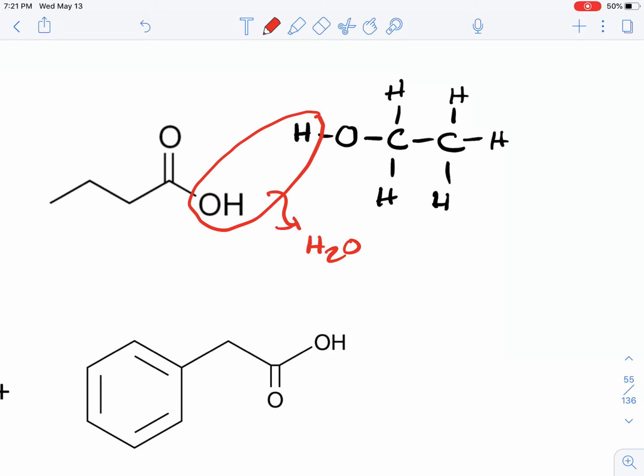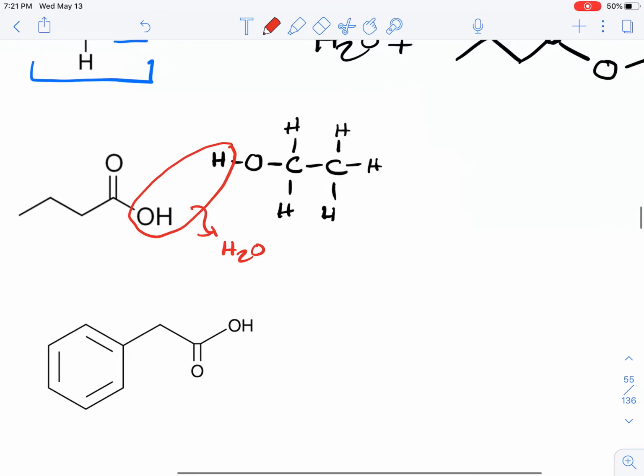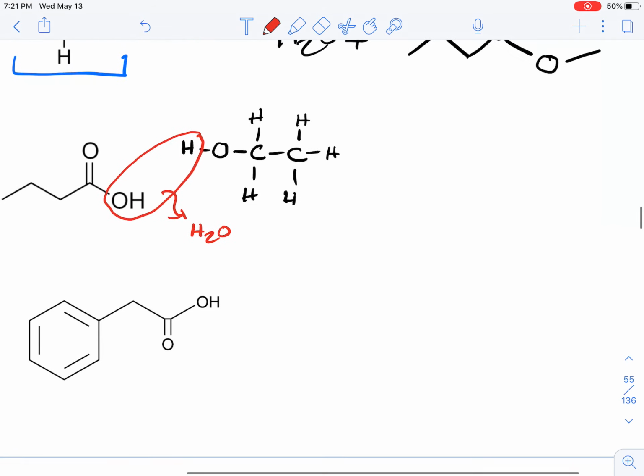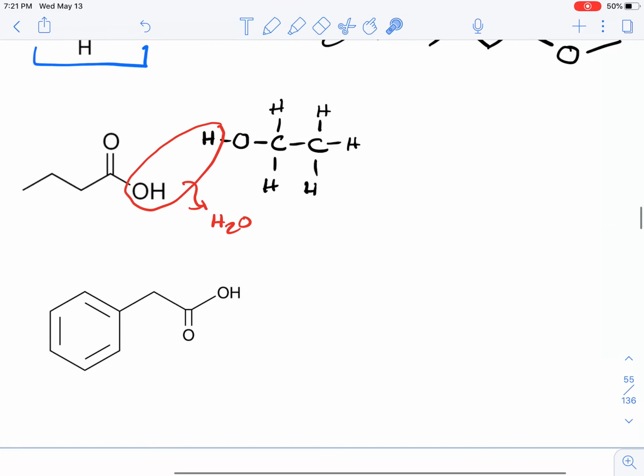All right, so when I'm drawing my ester product, once again, I just want to make sure I'm copying everything down correctly. So 1, 2, 3, 4.